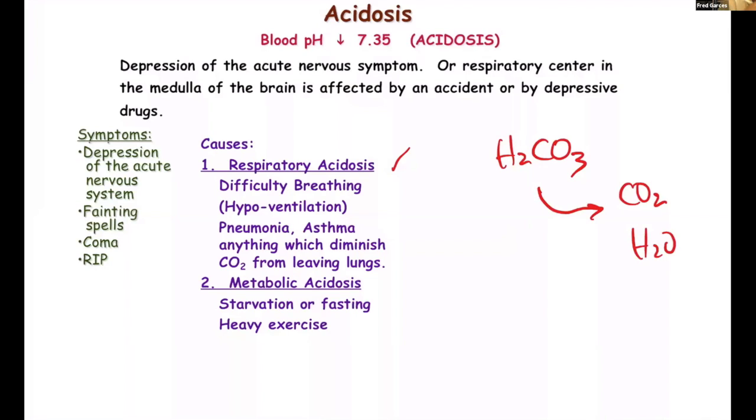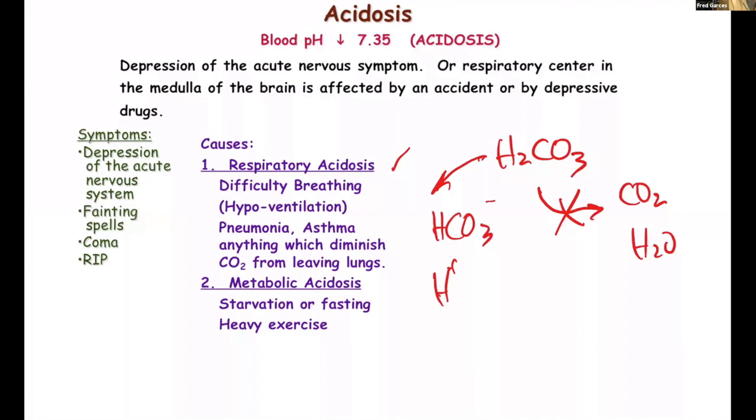When we store up too much carbonic acid, we breathe it out. If that channel is cut off, then this will form back the bicarbonate and hydrogen ions. And so we get an increase in our hydronium ion concentration, a decrease of our blood pH.